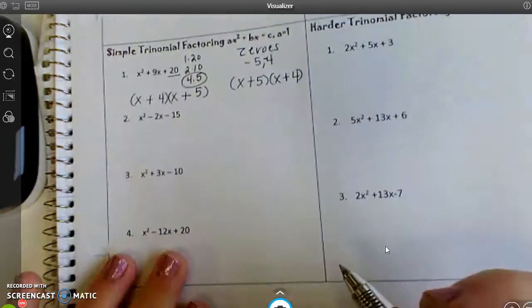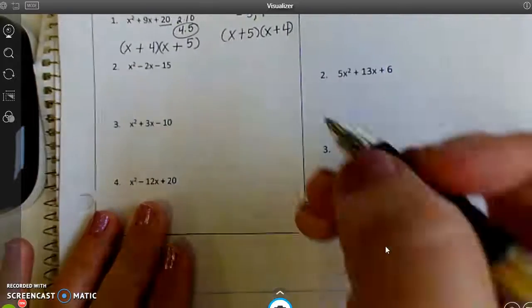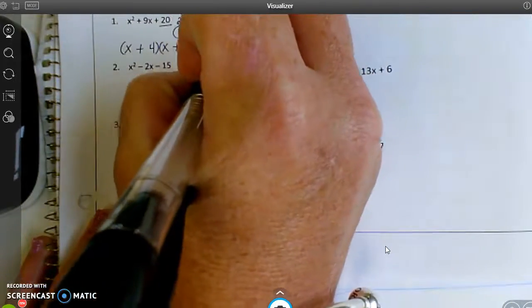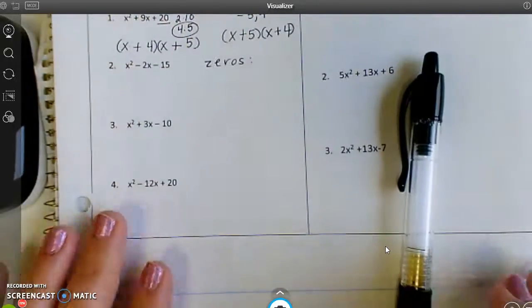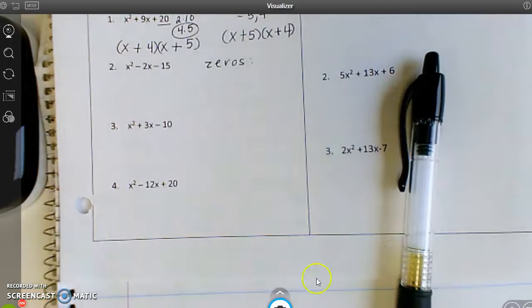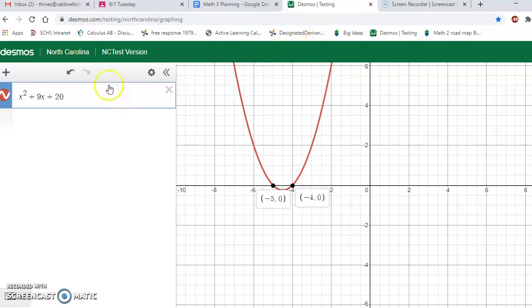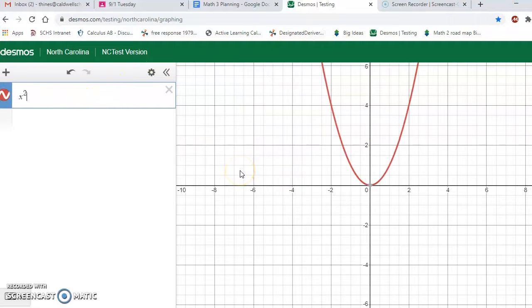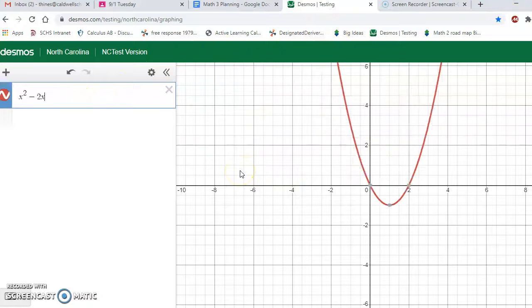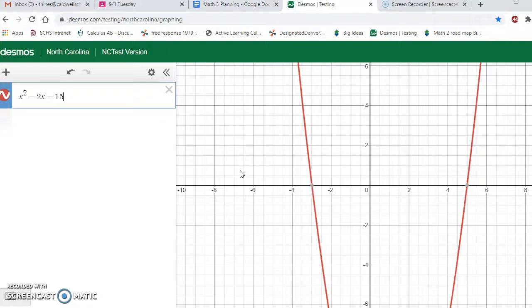Okay? So let's do that in the next one. Let's figure out what the zeros are for x squared minus 2x minus 15. X squared minus 2x minus 15. All right. Our zeros are -3 and 5.